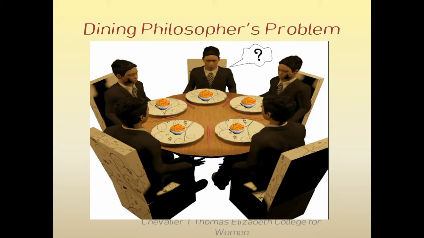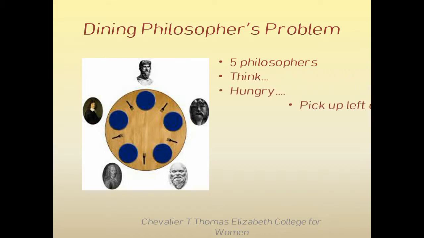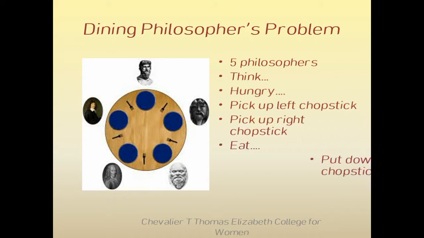They think, which is independent of each other, and when they are hungry, they eat. To eat, they pick up the chopstick on the left and then pick up the chopstick on the right. And then, once they have both the chopsticks in their hands, they start eating. Once they finish eating, they put down the chopsticks and then go back to thinking.